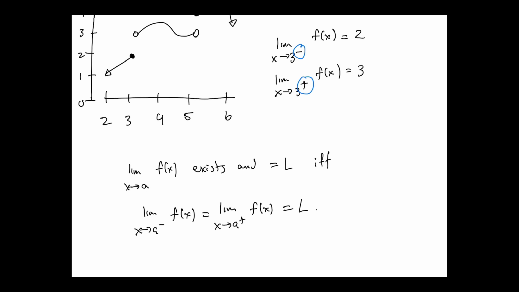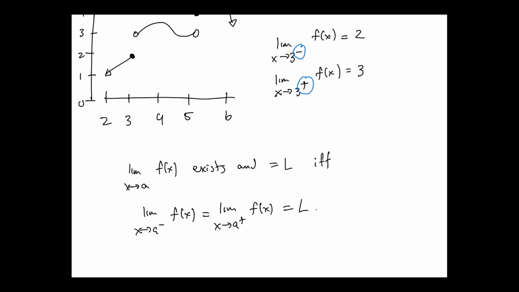Okay, so what is the limit asking? As the x value approaches something, what are the y values approaching? Okay, are we good with that? So the answer to a limit is always a y value, if anything. So if we are approaching x equals 5, not y equals 5, what are the y values approaching?